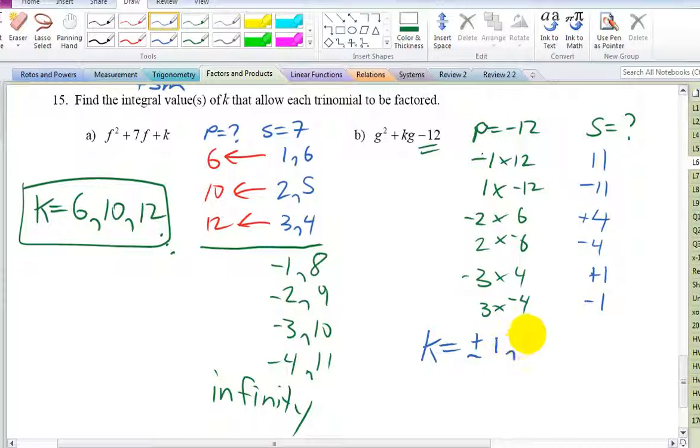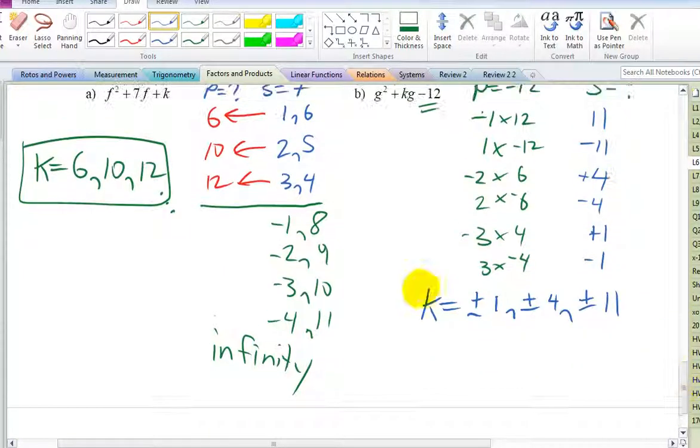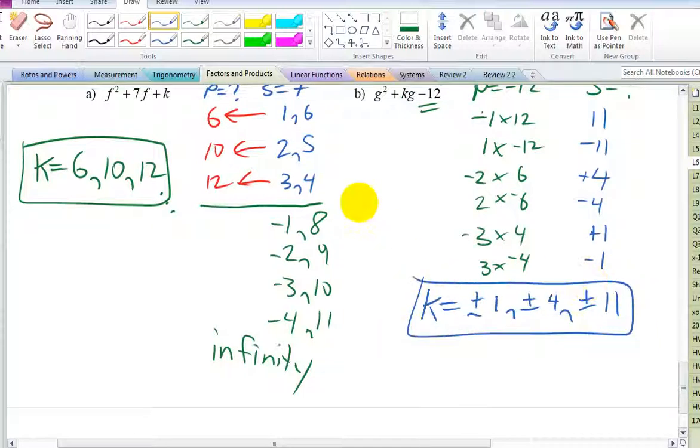Yeah. Plus or minus 1, comma, plus or minus 4, comma, plus or minus 11. How many answers? 6. 6 possible answers.